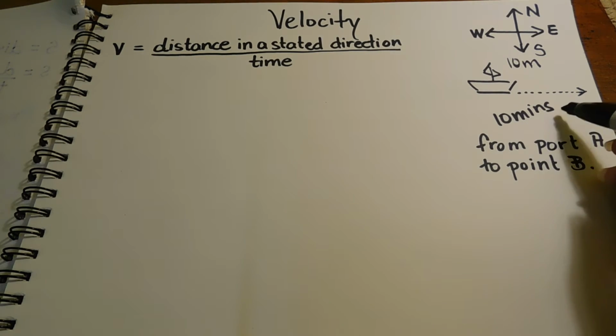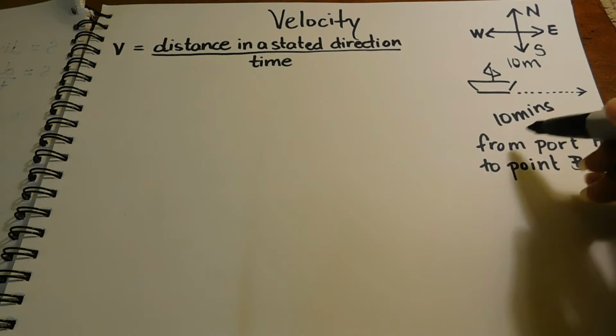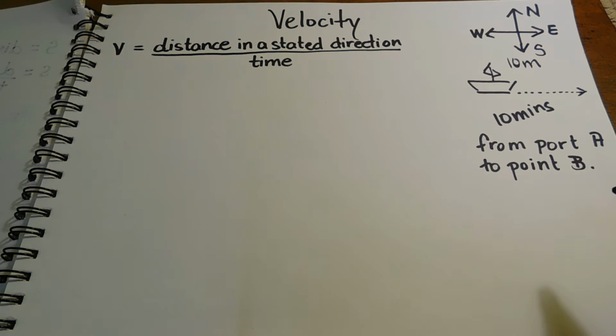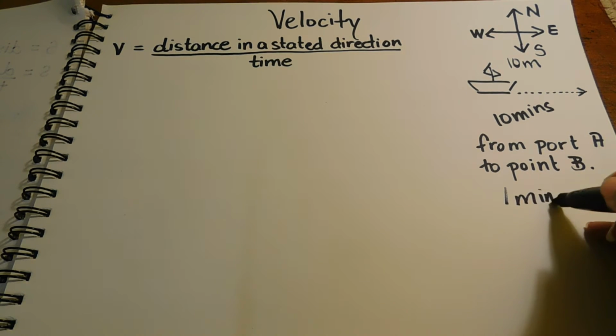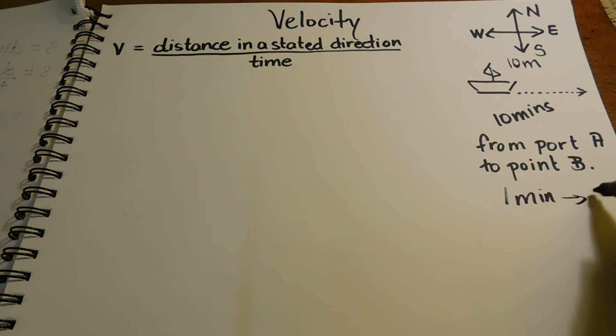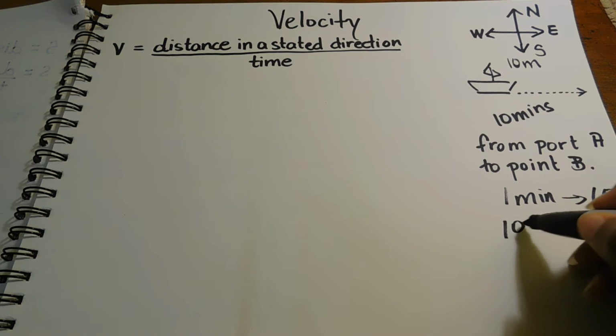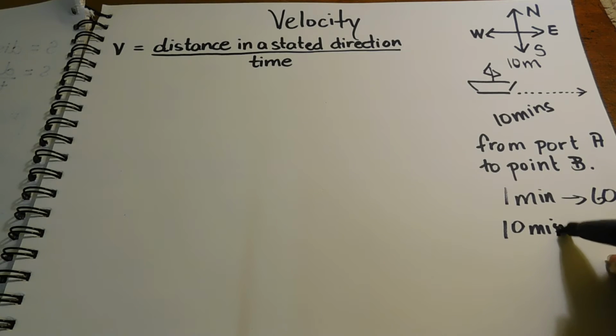So in this case, you have 10 minutes, you would have to convert to seconds, right? And so what I would say, we all know that 1 minute contains 60 seconds, right? So therefore 10 minutes will contain what? 10 times 60 gives you 600 seconds, right?